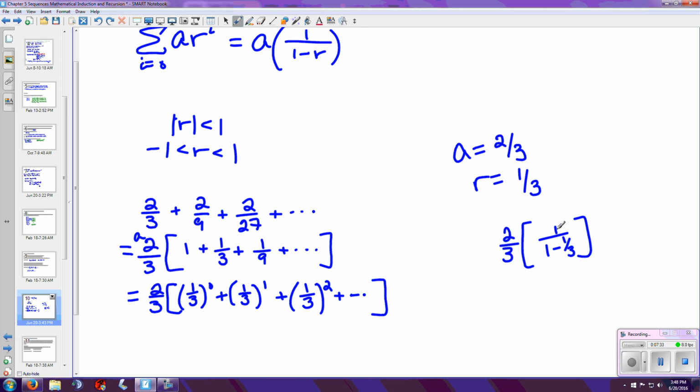So you have 1 over 2/3, which is 3/2. So it's 2/3 times 3/2, which gives us, in this case, just 1. You won't always get something that's 1. You could get something fractional, but as long as you're plugging in an r that is in fact bounded. We just do have to be very careful there, because if it's unbounded, it can get very crazy very quickly.